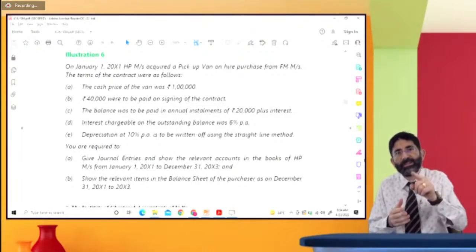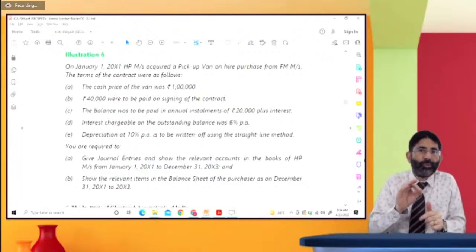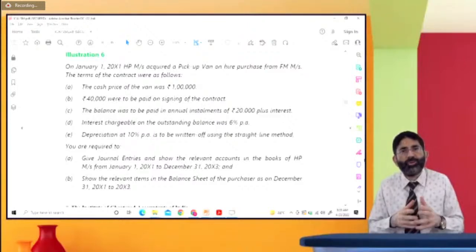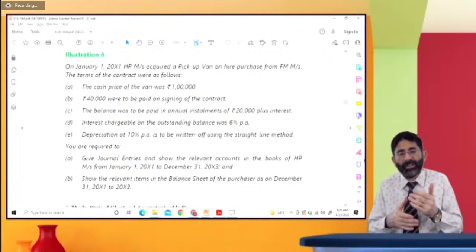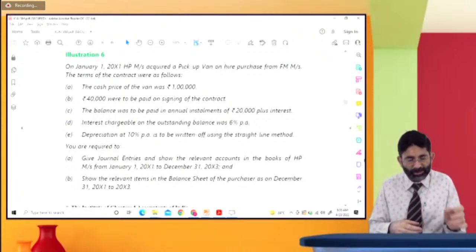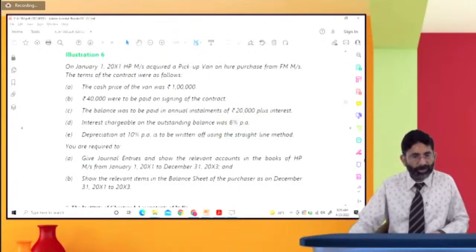In case it is quarterly installment, you may take 1.5% per quarter as interest. So you may adjust according to the requirement. In the given case, it will be very easy because installments are annual, so there is no worry.